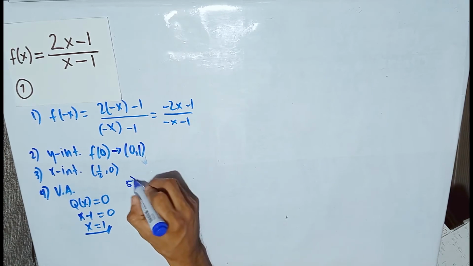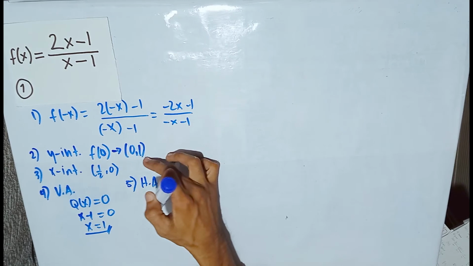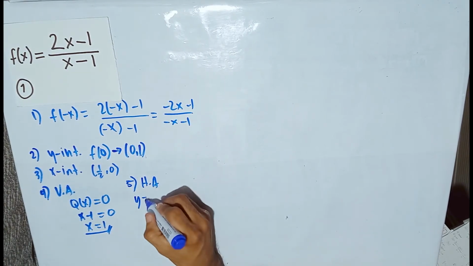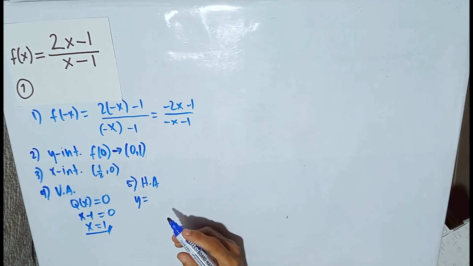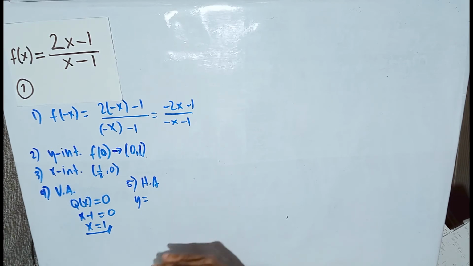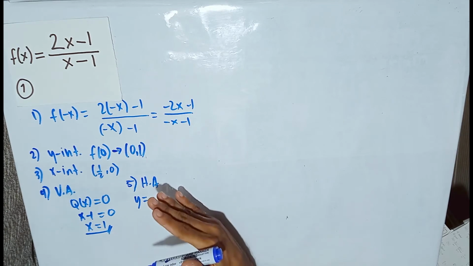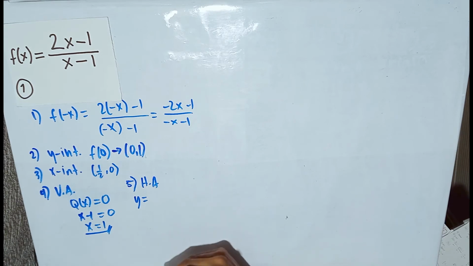Next, number 5, we have the horizontal asymptote. So our horizontal asymptote here is y is equal to, okay, tingnan natin yung degree ng numerator and denominator. In terms of horizontal asymptote, kailangan nating kunin yung highest degree on the numerator and highest degree on the denominator.